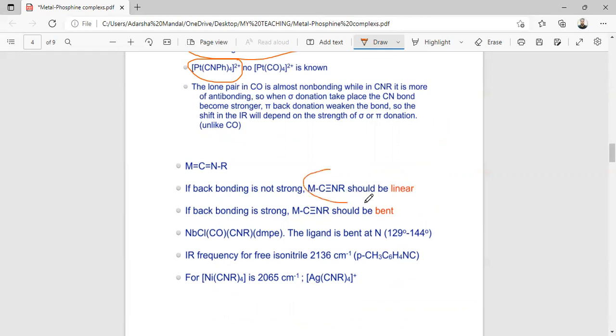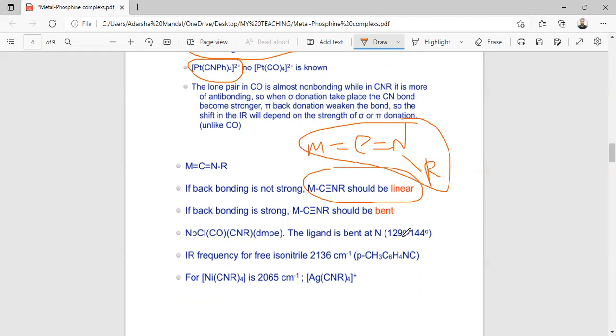And when the back donation is stronger, it will bind in a bent fashion. So the structure of the bent fashion is in this manner. When there is more back donation, it will favor this conformer.